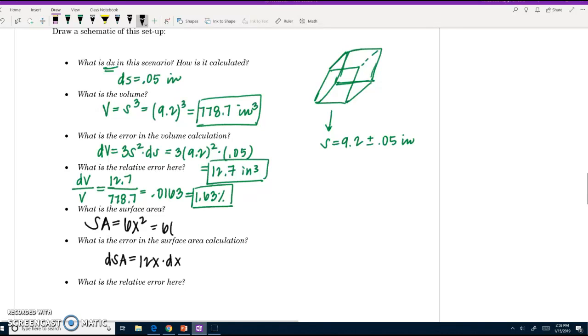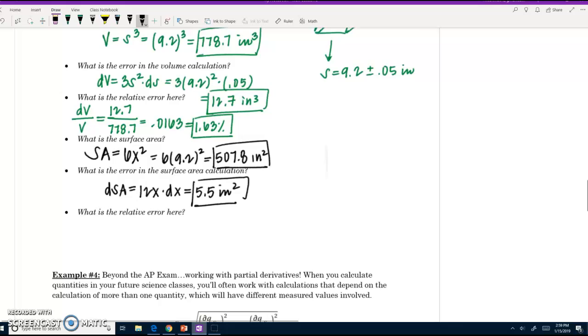To do the surface area calculation, we can just do 6 times 9.2 squared, and that's going to give me 507.8, in inches squared. Then to find the error in that measurement, we can do 12 times 9.2 times 0.05. That's going to give me 5.5 inches squared.